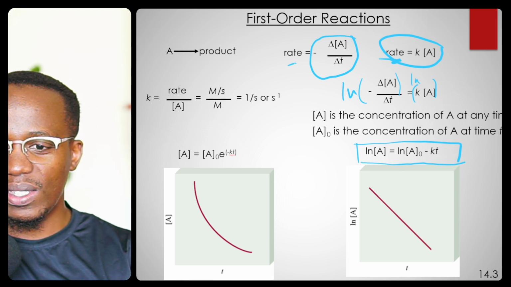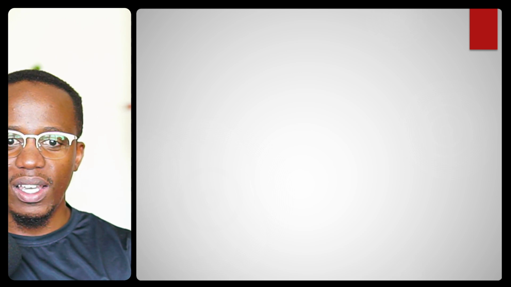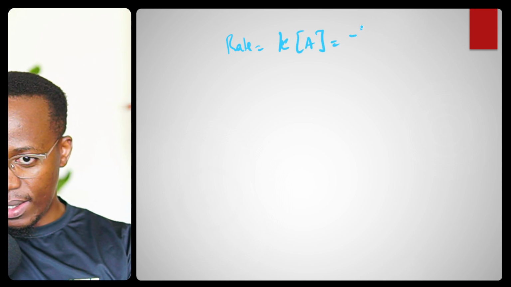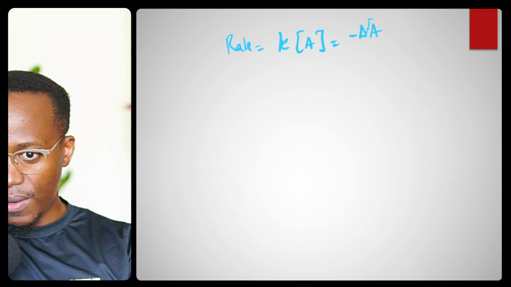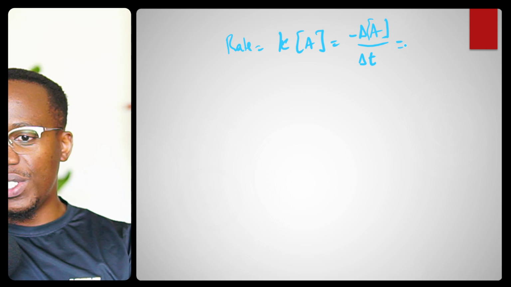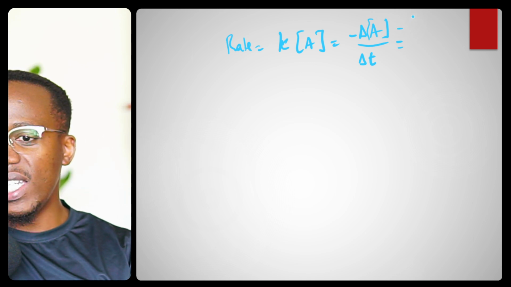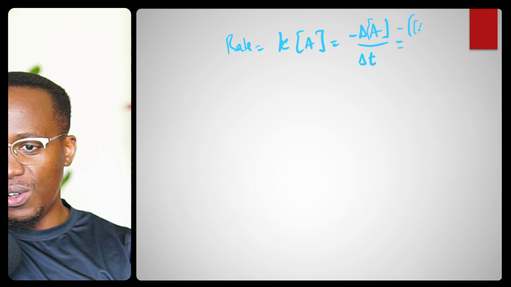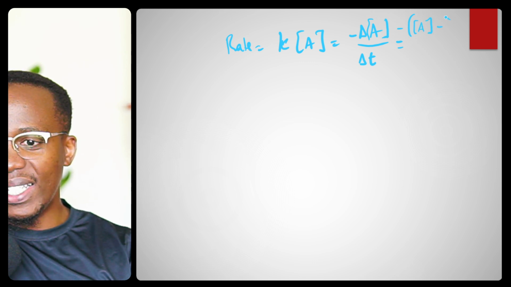So let's actually do it, because in this slide in the book they just told you what it gives, but let's actually do it. So we know that rate is equal to k[A], which is equal to negative change in A over change in time. But guess what? Negative change in A is the final concentration minus the initial concentration.